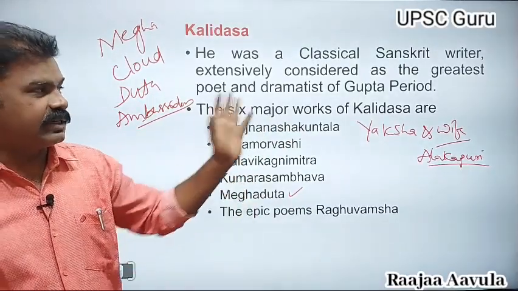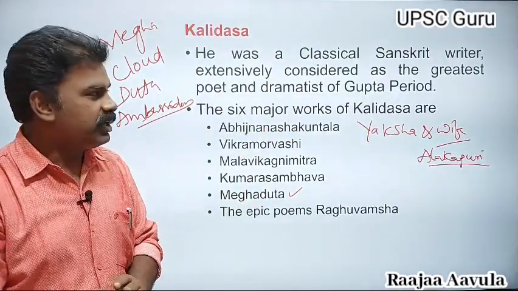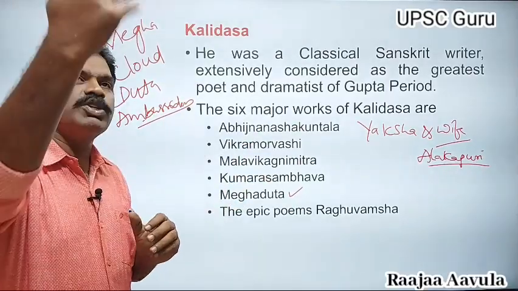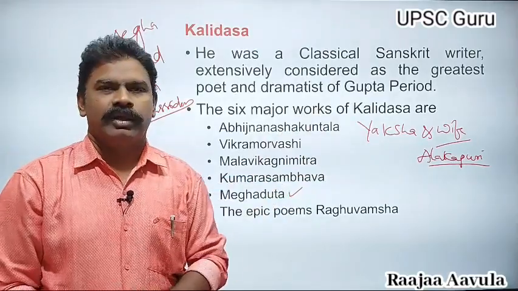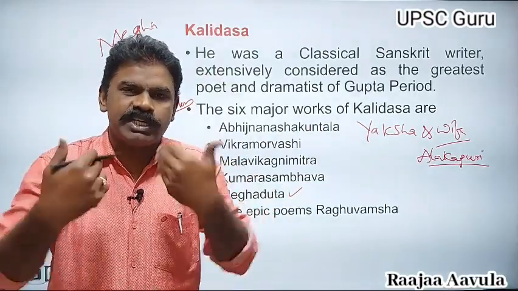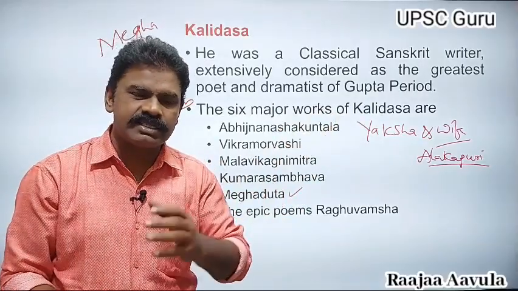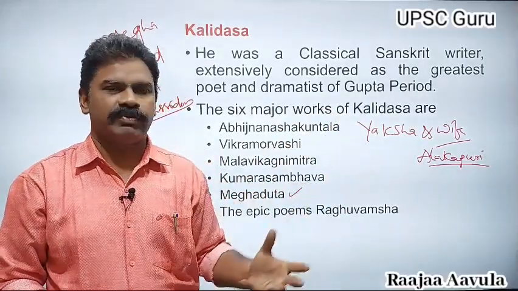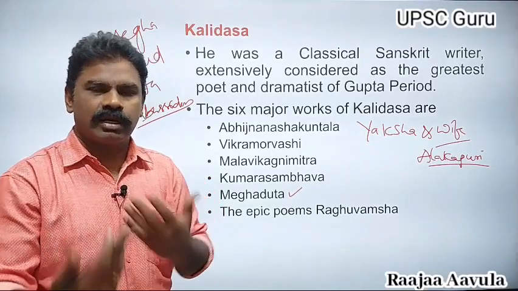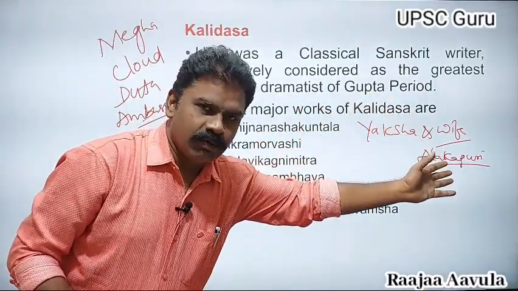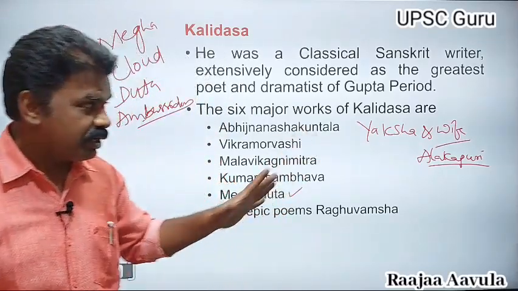So he selected a cloud, because one cloud was going towards Alakapuri, and he called that cloud. He expressed all his grievances and affection towards his wife, and the Megha, the cloud, went to Alakapuri and delivered his message to the wife. That was the love story.